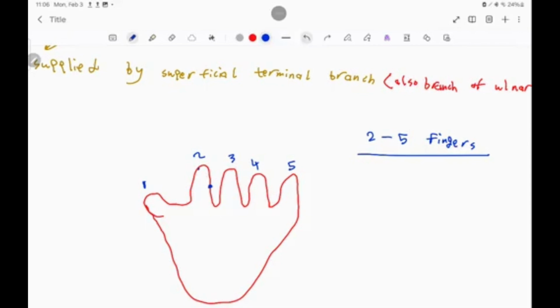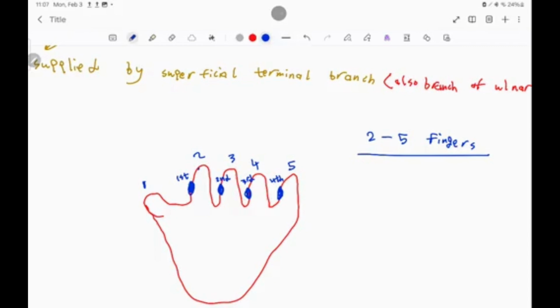So where are the lumbricals? Here is the lateral half. Here's the first lumbrical, here's the second lumbrical, here is the third one, here is the fourth one, but the thumb does not have a lumbrical.